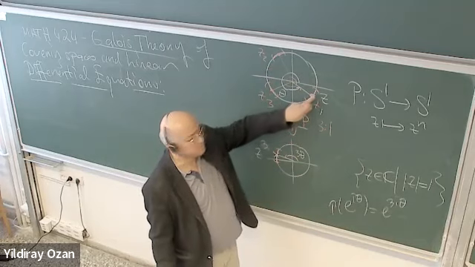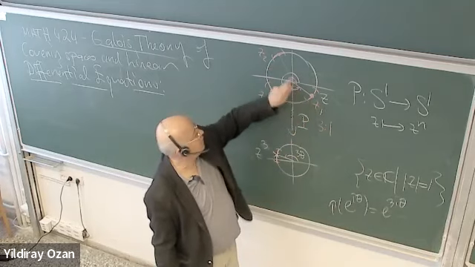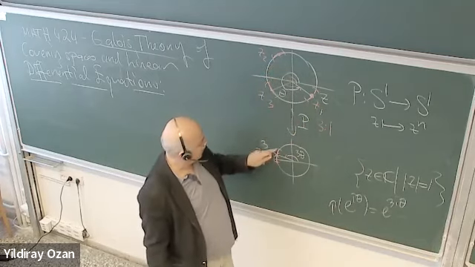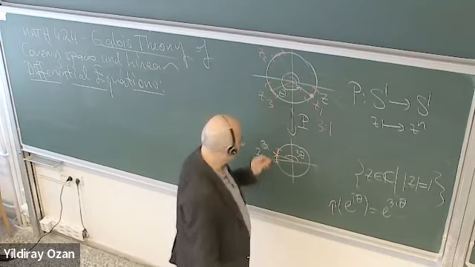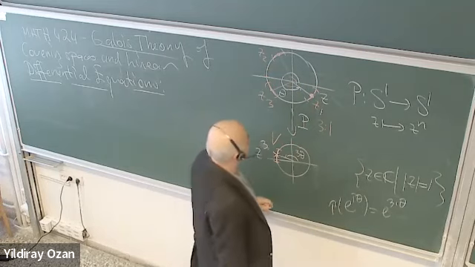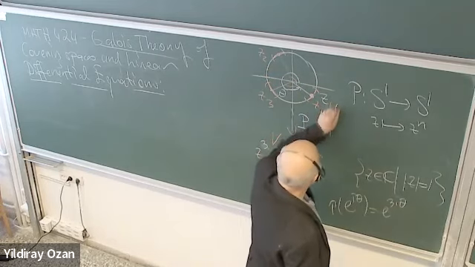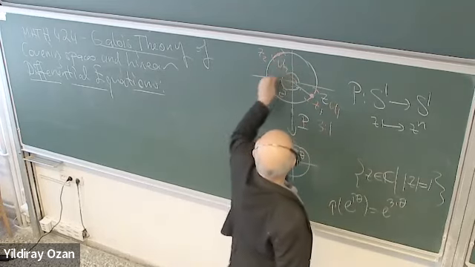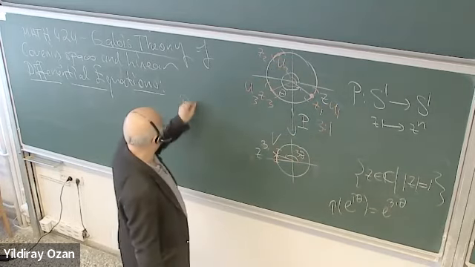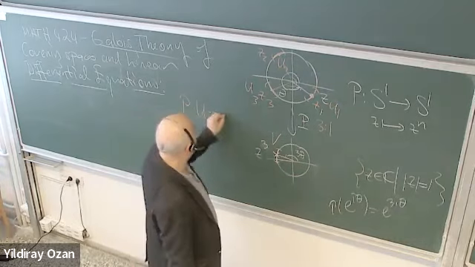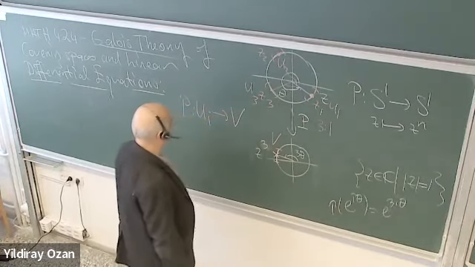So if I call this V, and these U1, U2, and U3, then this map P from Ui into V is a homeomorphism.